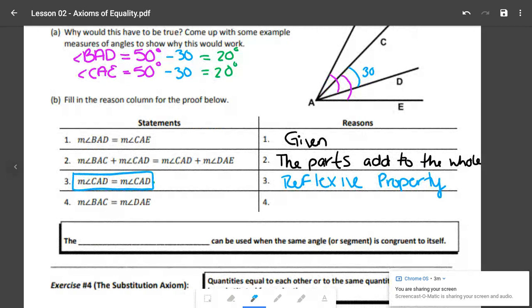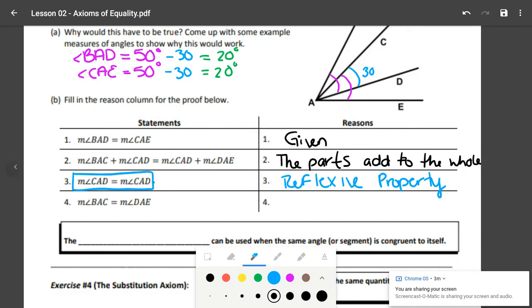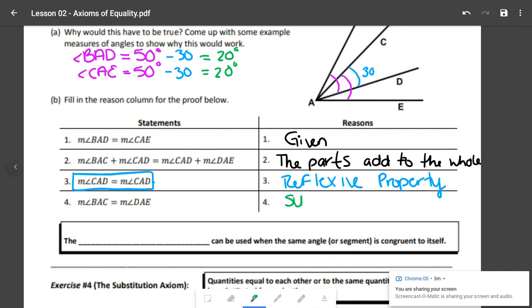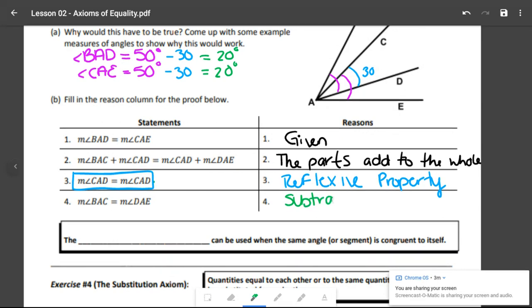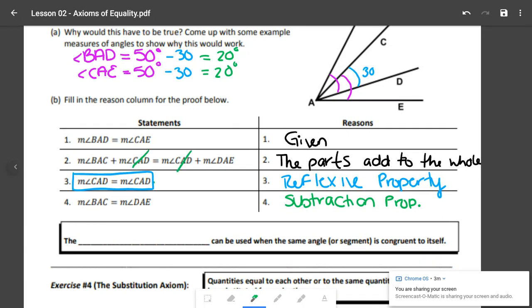And if we take that same amount out, just like we saw in part A, we got 20 degrees for both. It's going to be known as the subtraction property because we're subtracting out here. Notice we went from the measure of the angles here and we subtracted CA from both. So it's like we eliminated CA from both of them.